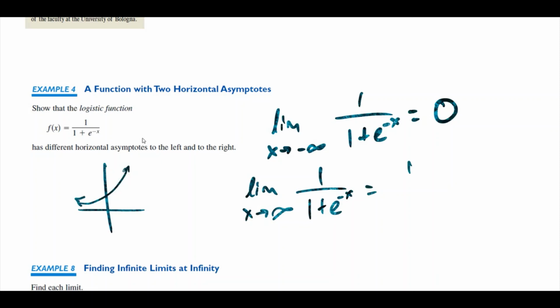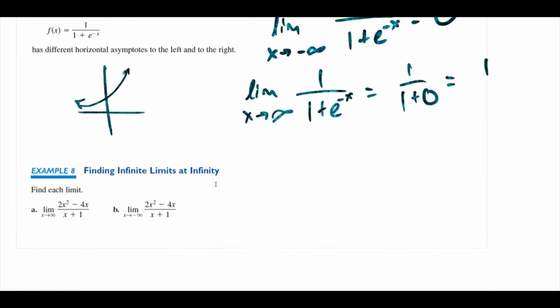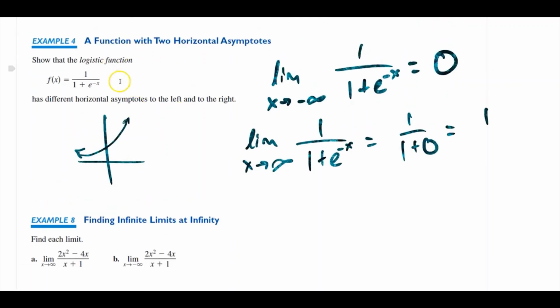So then we end up with 1 over 1 plus 0. And is this not 1? I guess it's 1 over 1, which is 1. So we have different horizontal asymptotes. As we're going to the left, we have a horizontal asymptote of 0. As we're going to the right, we have a horizontal asymptote of positive 1. It's actually pretty cool. Logistic functions are very cool.